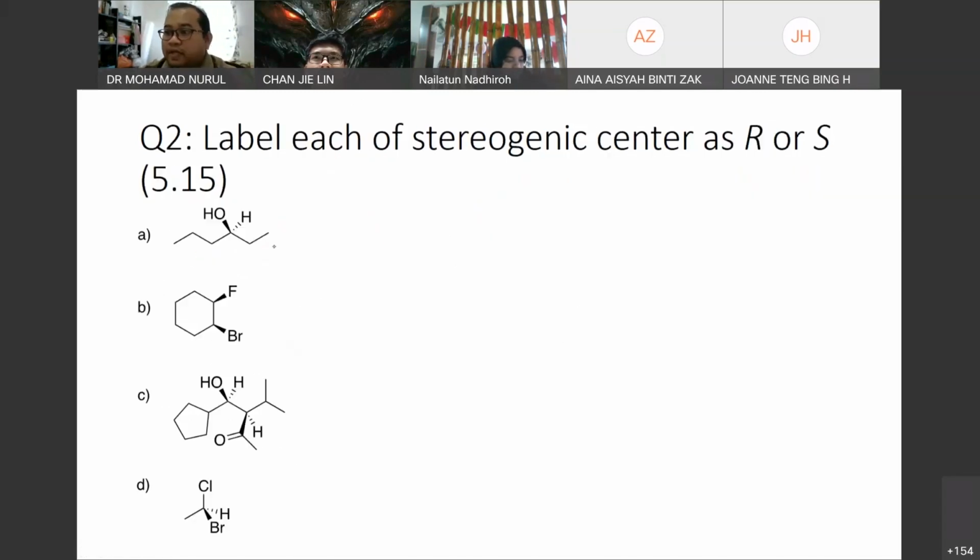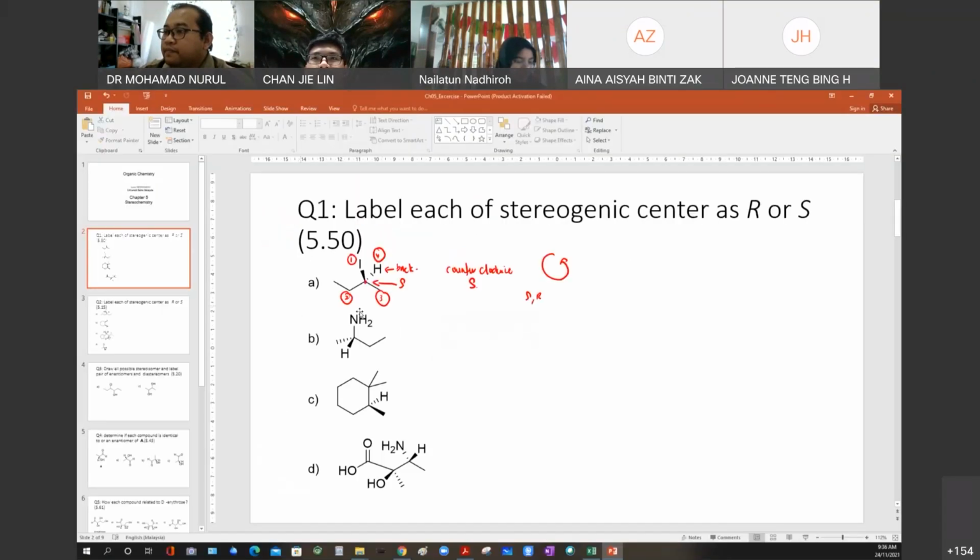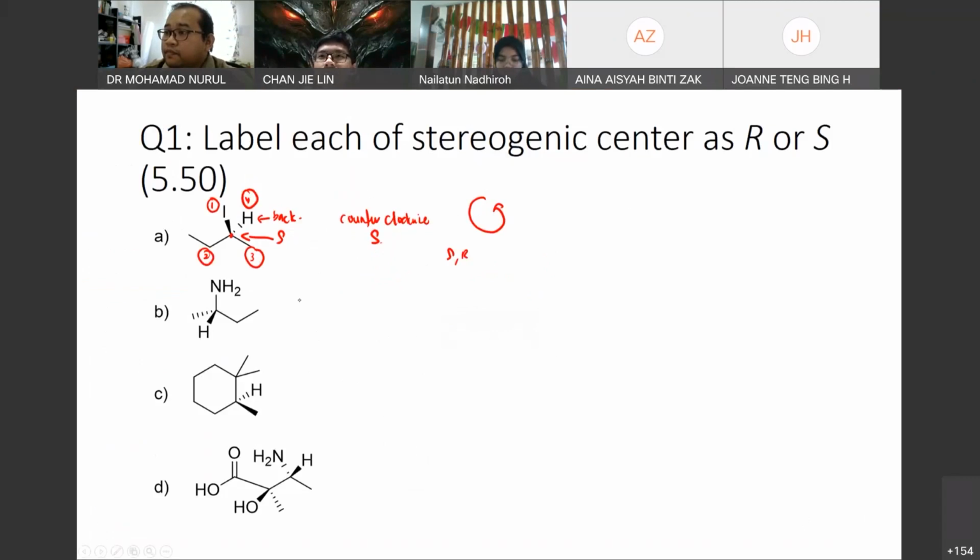I don't know what's happened to my pen now, it's not responding. Okay, for the B we have the question. We have one stereogenic center because it's connected with different substituents. So to make it easy for you, label CH3 here.